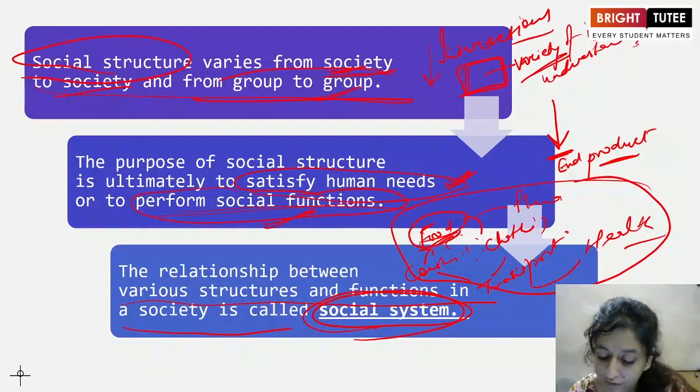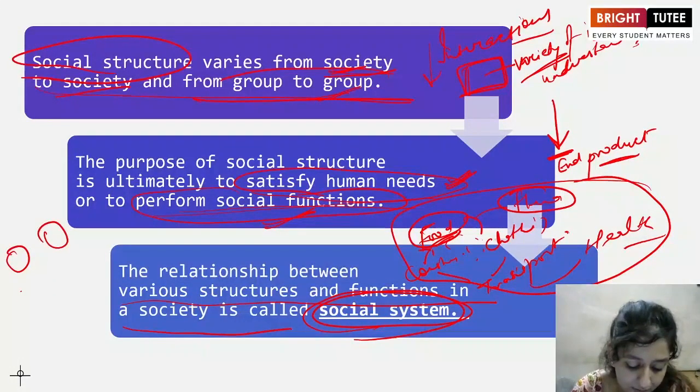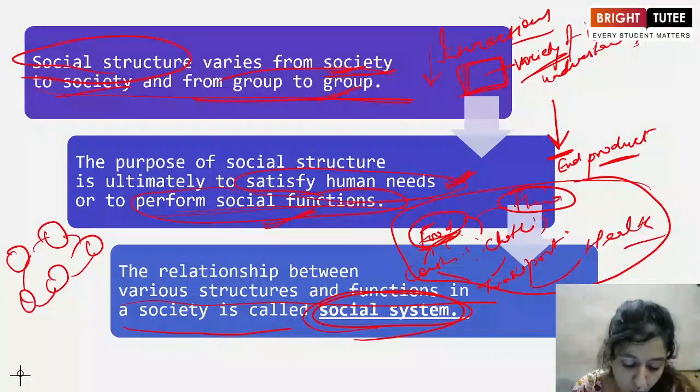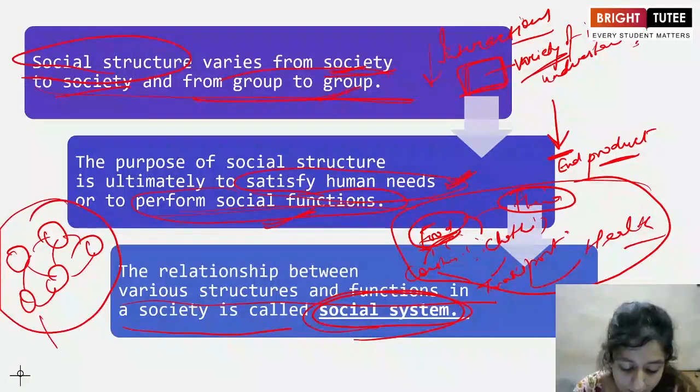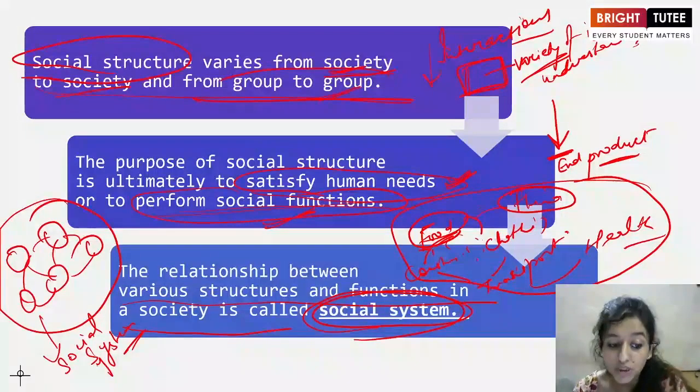These are all different structures. It is like a web diagram. These are all different structures but are connected to one another. Now when they are connected to one another, this whole becomes the social system. So this is the definition of a social system.